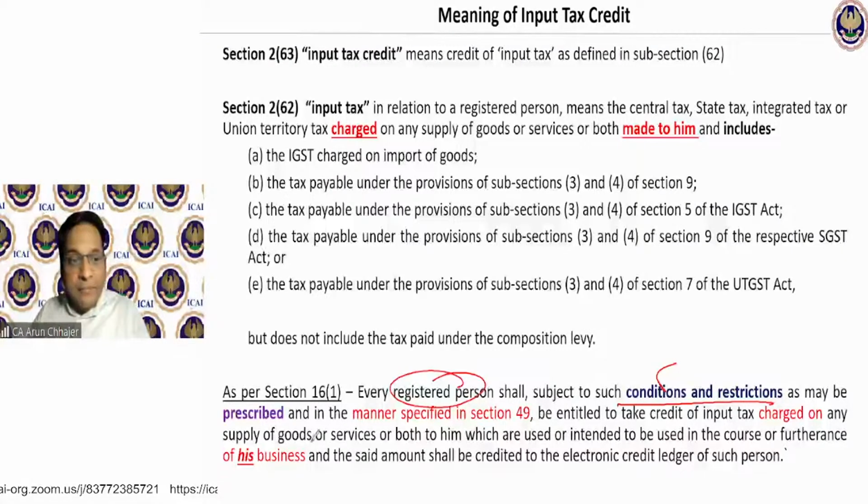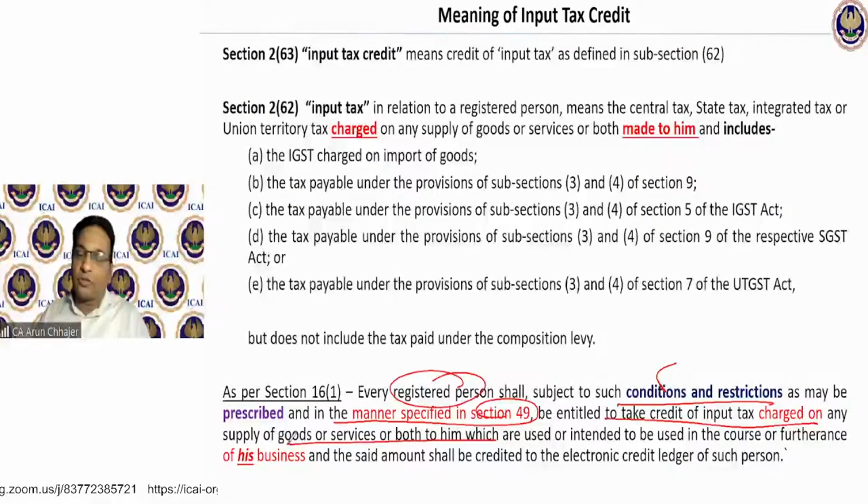As may be prescribed and in the manner specified in section 49, be entitled to take the ITC on any supply of goods or services or both which are used or intended to be used in the course or furtherance of his business. This has to be read with every registered person, meaning if I have one PAN but multiple registrations. Let's say I am registered in Rajasthan, Haryana and Karnataka.